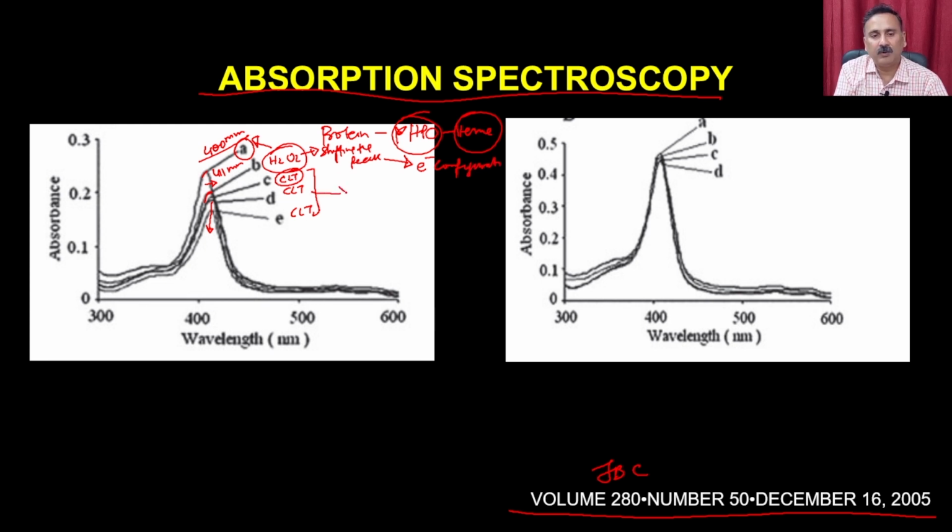Whereas in the other case, the clotrimazole is not shifting the peak, it is reducing the intensity. So it goes down like this. This means it is masking the sample or masking the light. It is not allowing the molecule to absorb the light very strongly.